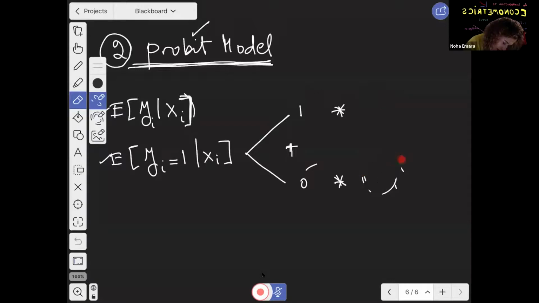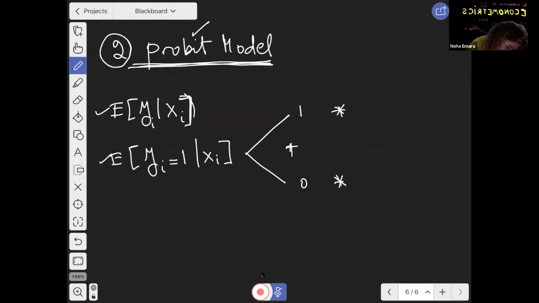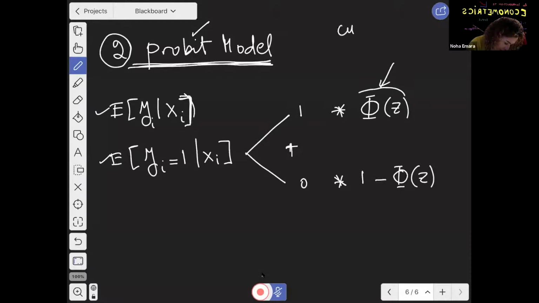Okay, so the main difference with this Probit model is that it has a cumulative distribution function that takes this notation, which we call phi z. So instead of p, whenever you see p in the previous slides, you just type phi z, or 1 minus phi z, and phi z here is the cumulative distribution function.